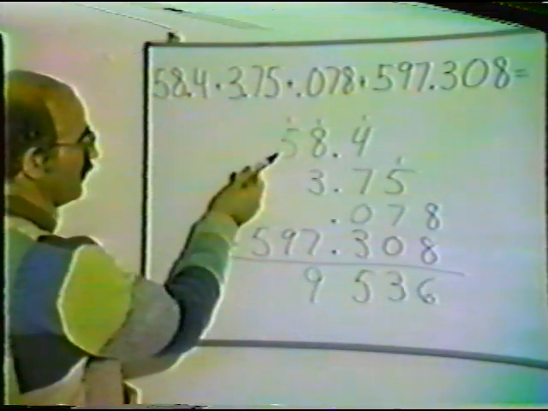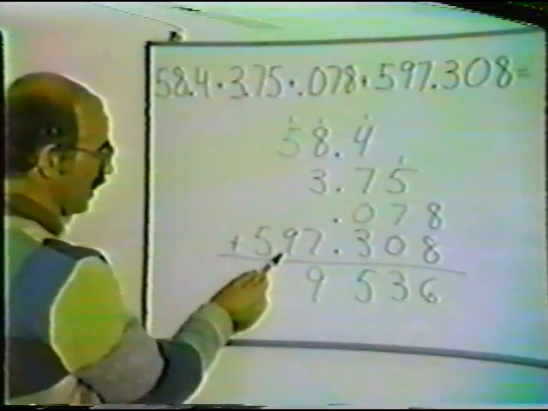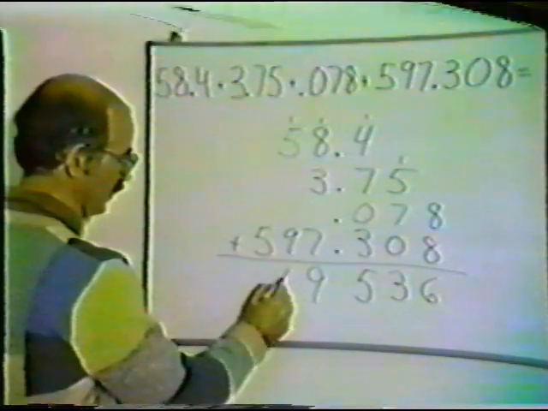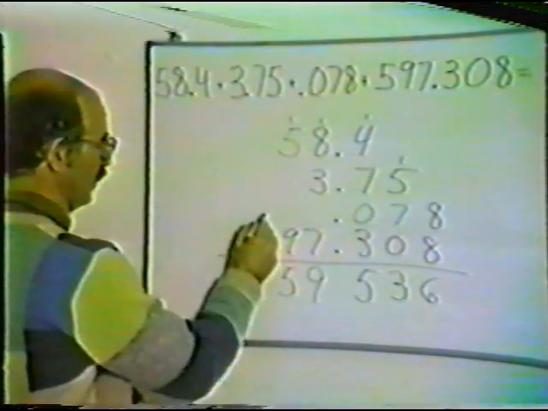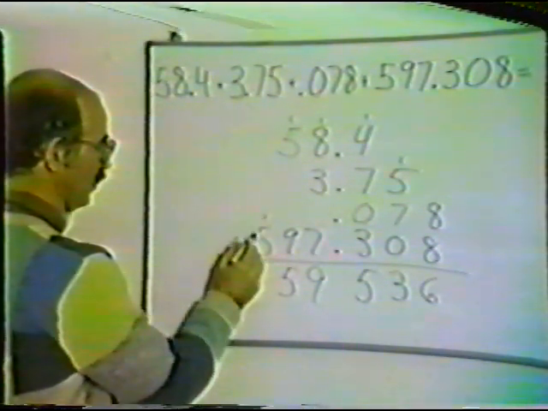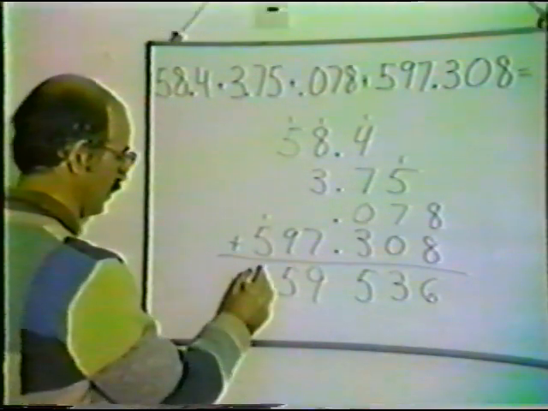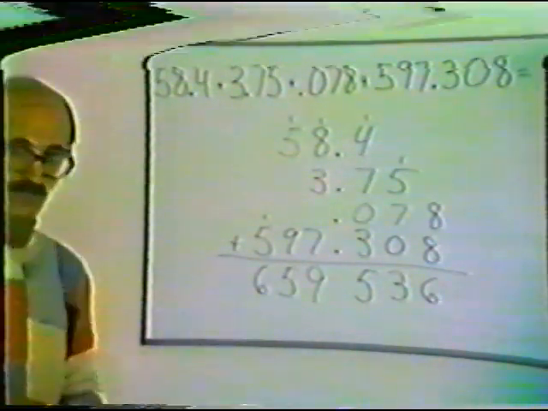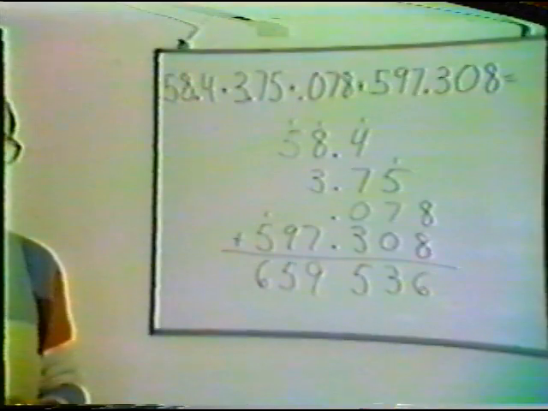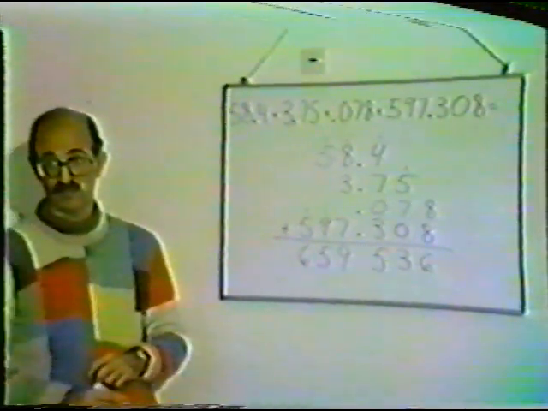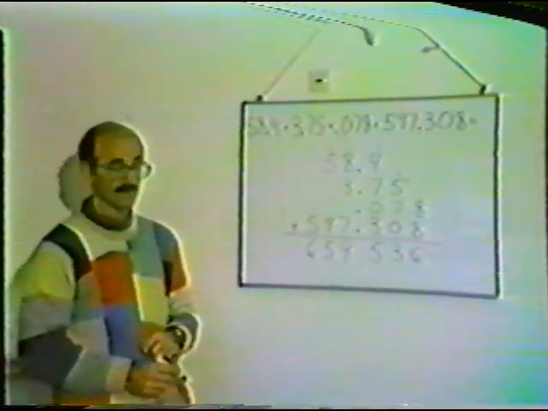1 plus 5 is? 6. Plus 9, 15. Put down the 5, carry the 1. 1 plus 5 is? 6. Is it finished? No. What have I forgotten to do? Bring down the decimal point.